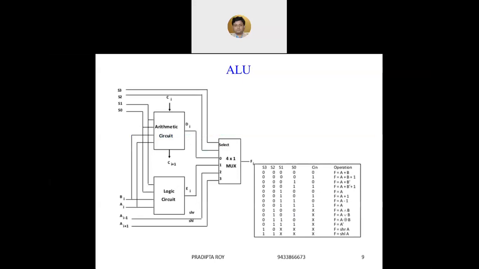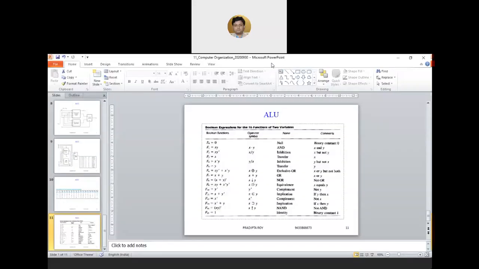This is the complete ALU circuit, which is able to perform arithmetic operations as well as logic operations, and two more operations commonly known as shift operations. We can shift the content of a register towards the left or towards the right. These two operations can also be embedded with the ALU. So this is the end of today's discussion topic.